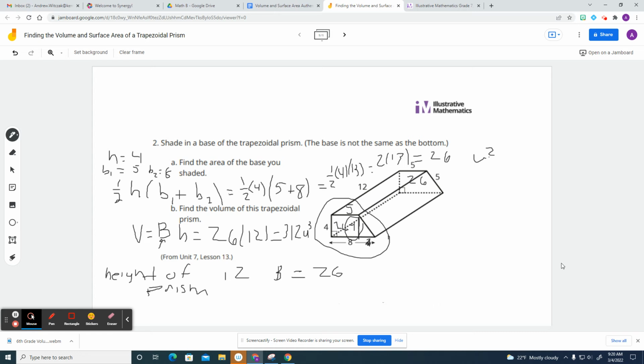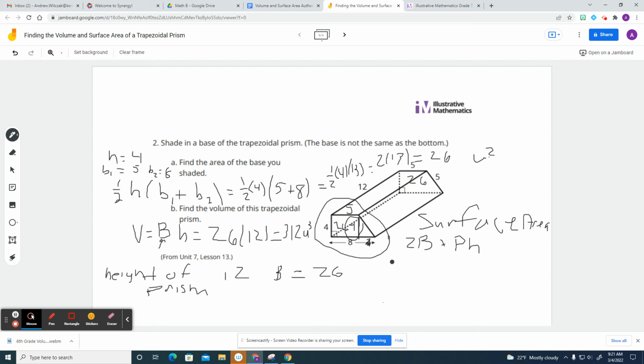Now, if we wanted to figure out the overall surface area, this is going to help you guys out for your authentic assessment. For the surface area, we have 2 times the area of the base plus the perimeter times the height.